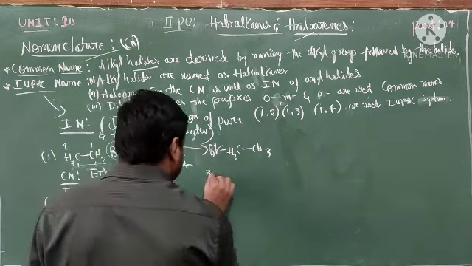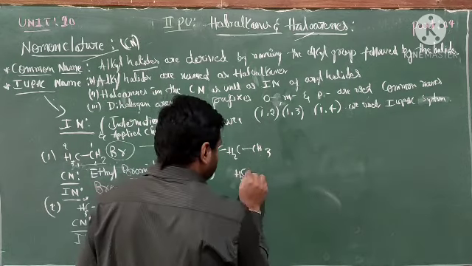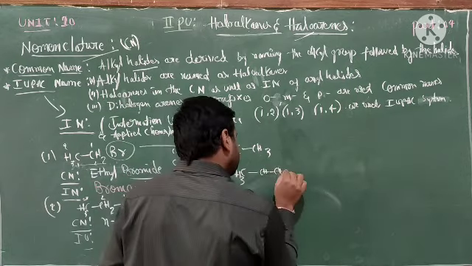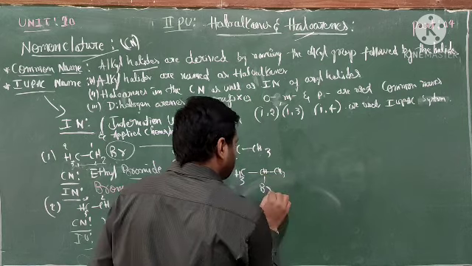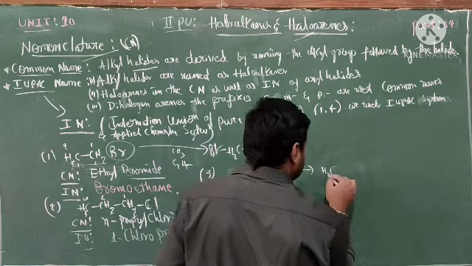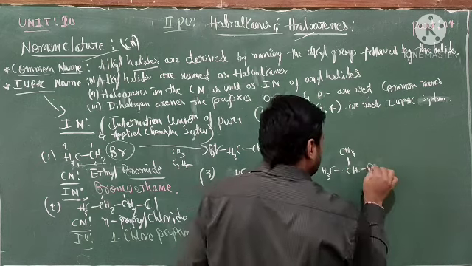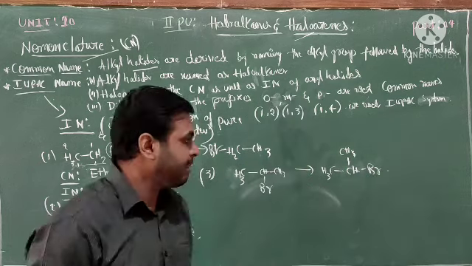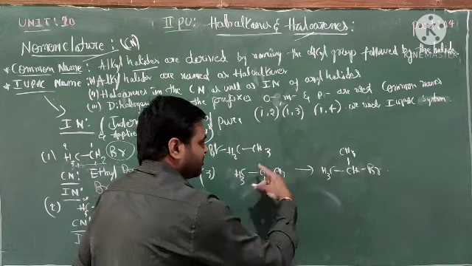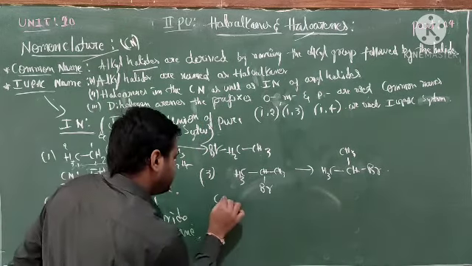Okay, next one, the third one. CH3 CH3 and Br, you write like this. Both are the same, but you just write the common name.